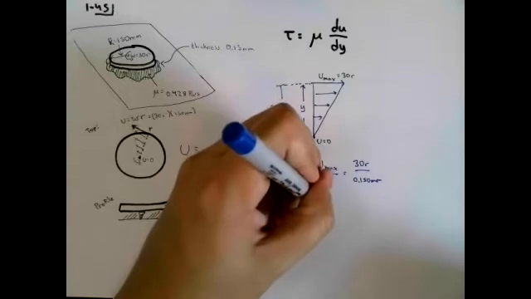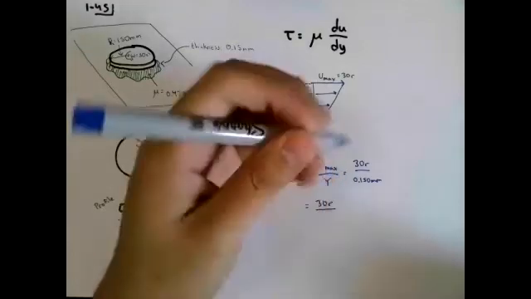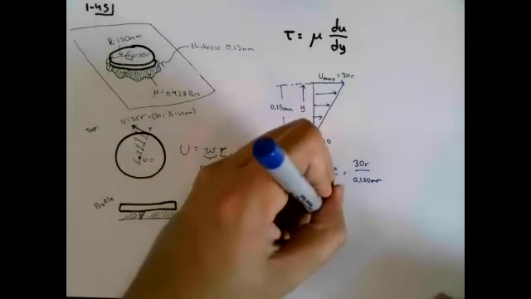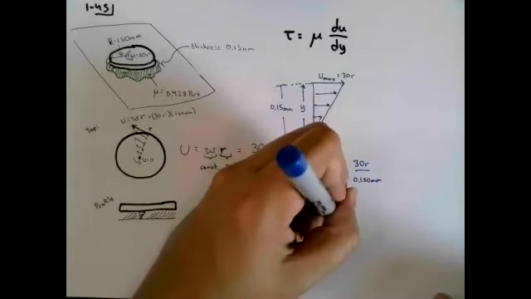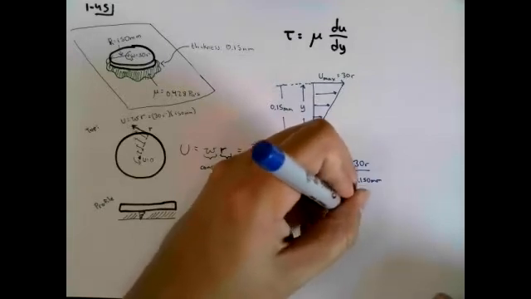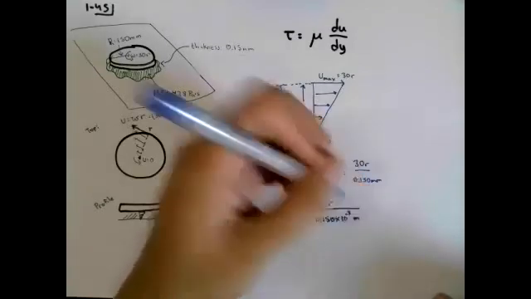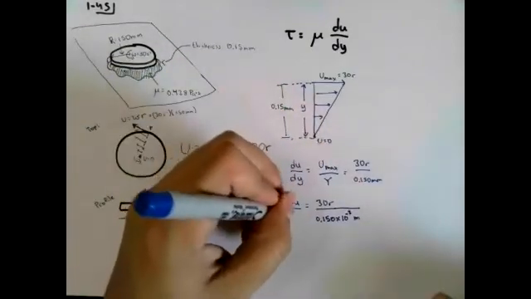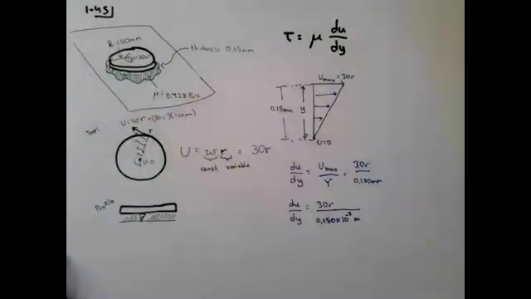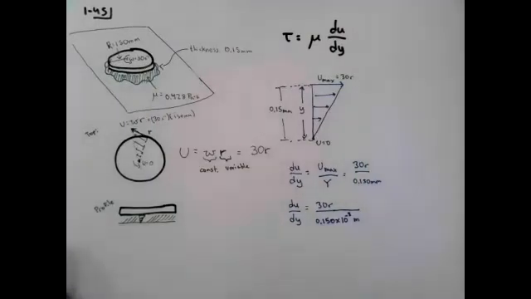So I'm going to have 30R divided by 0.150 times 10 to the negative 3 meters. And that's my rate of change. That is my du over dy. That is my velocity gradient or my strain rate for this fluid.